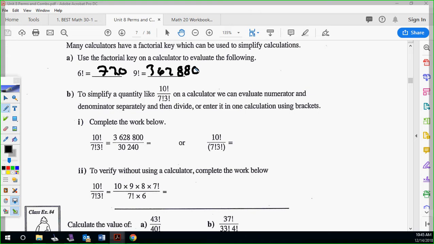Simplify the quantity like 10 factorial over 7 factorial 3 factorial on a calculator. We can evaluate the numerator and denominator separately if you'd like. So what that means is you could do 10 factorial by itself and the bottom, then divide them. You could also just use brackets, and it's fine as well. For this one, I typically put my calculator like that.